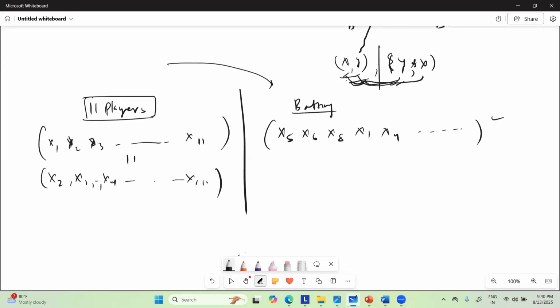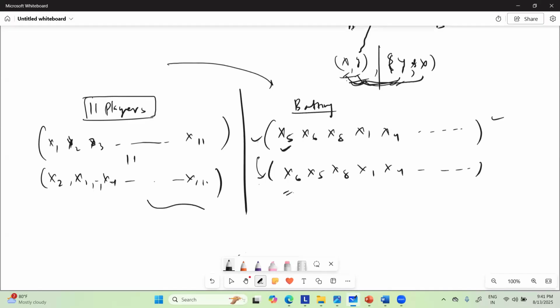So this is different than X6, X5, X8, X1, X4. Why? Because in the above representation, X5 is opening, but in the lower one's representation, X6 is opening.